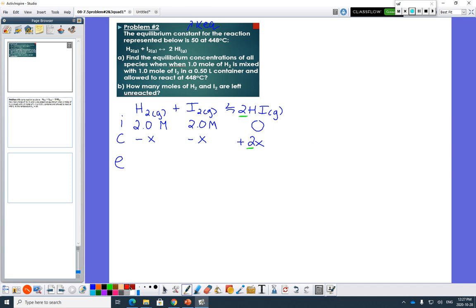And we're going to write our own little expressions: I plus C equals E. But this time, we don't know anything at equilibrium, so none of them can be solved just by simply rearranging and solving for x. Here we have 2 minus x, 2 minus x, and here we have 0 plus 2x. You decide, do you want to write 0 plus 2x or just 2x? Doesn't matter.